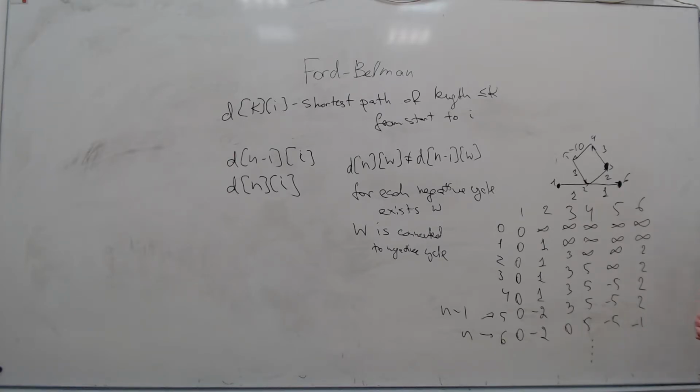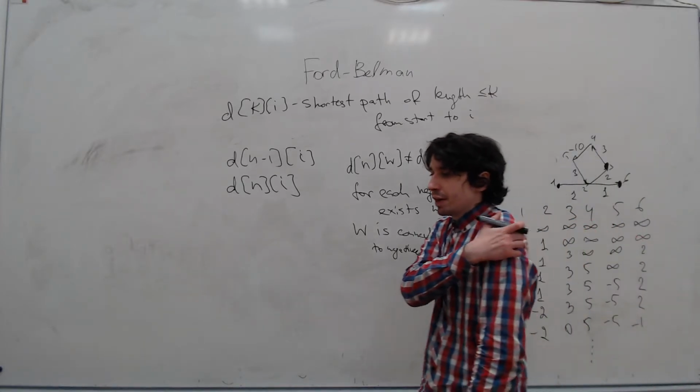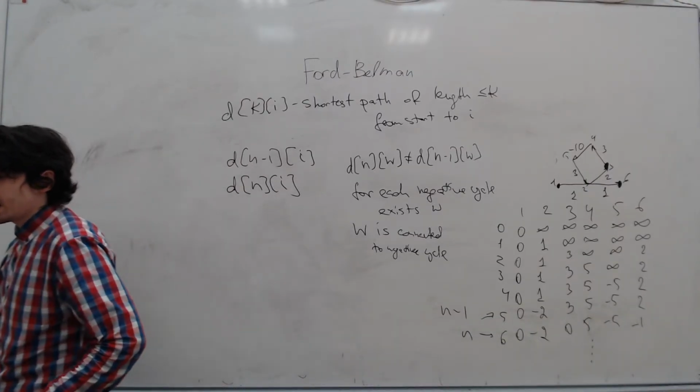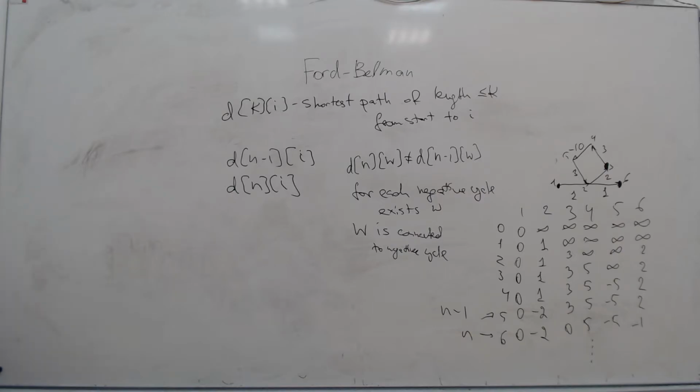So that is how you find the negative cycle, and you find the vertices that don't have shortest paths using the Ford-Bellman algorithm. Any other questions up to this point?